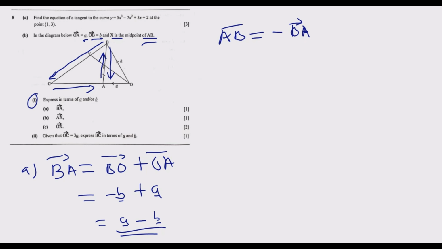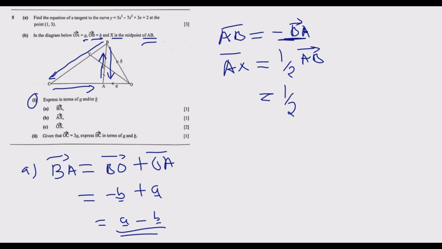But if X is in the middle of AB, then AX, going from A up to X, is half of AB. We've already found BA, so it's just half of it.